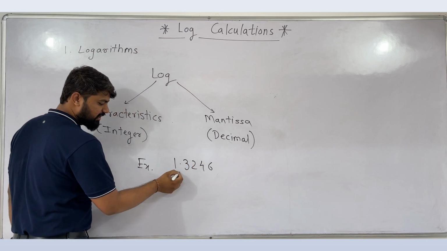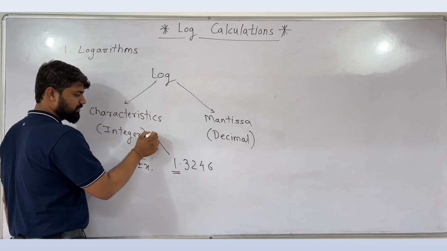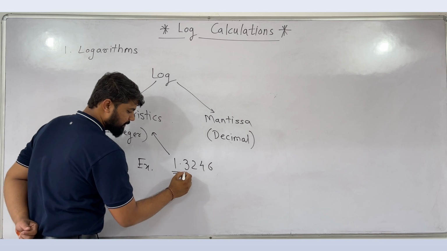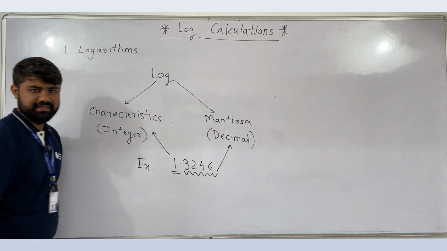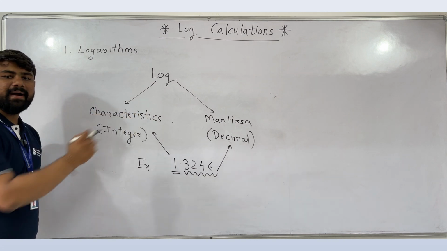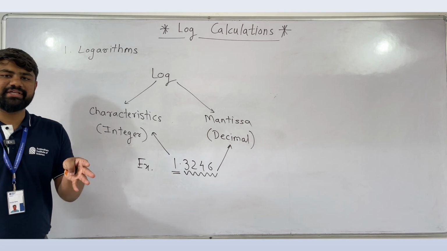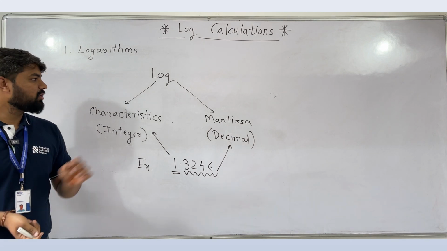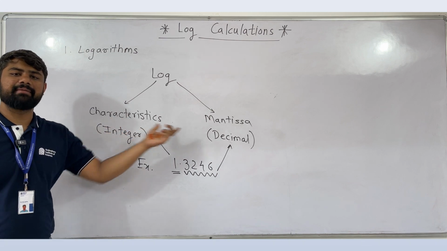The part on the left side of the decimal point, which is the integer part, is known as characteristic, while the part on the right side of the decimal point is known as mantissa. So log consists of characteristic as well as mantissa. We have to find characteristic and mantissa individually and merge them together to find the value of log. So let's see how to find characteristic and mantissa next.